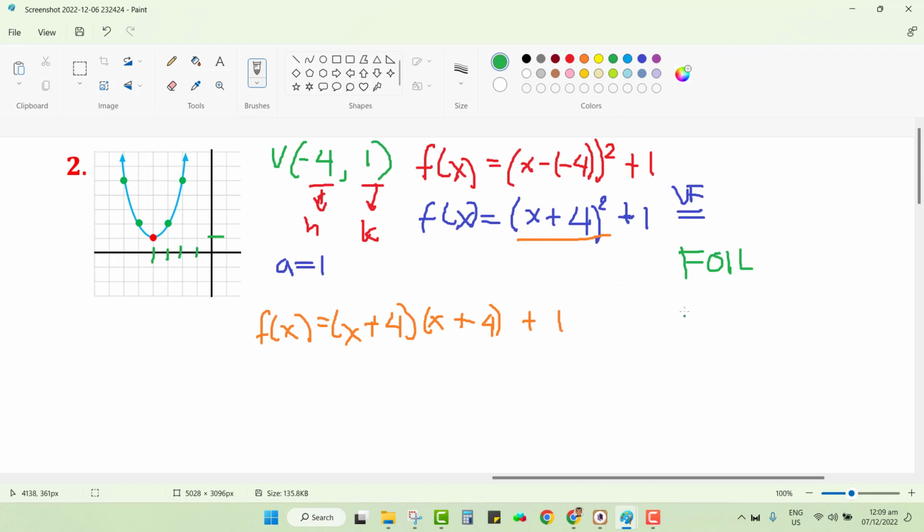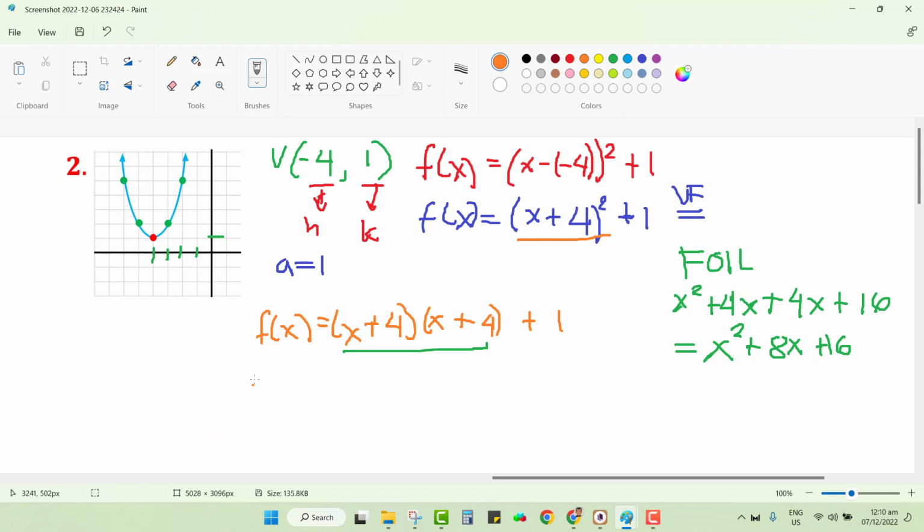So for the FOIL method, you will have x squared, x times 4 is positive 4x, and another positive 4x, and you have plus 16. Again, do not use that one yet. We are just solving the product of two binomials. You have x squared plus 8x plus 16. This is the result of these two binomials.